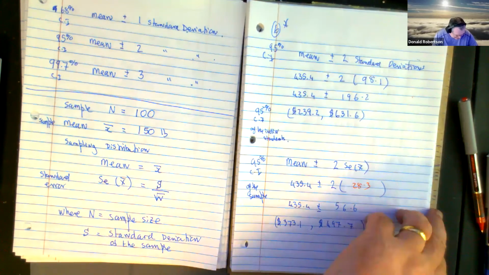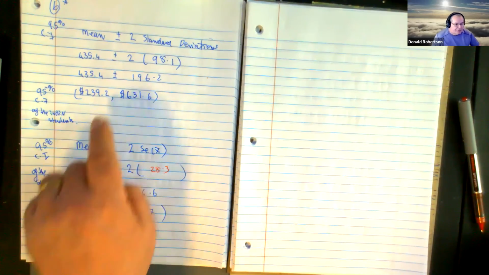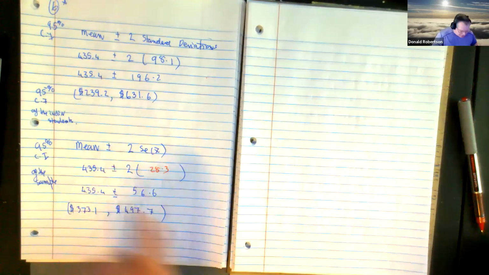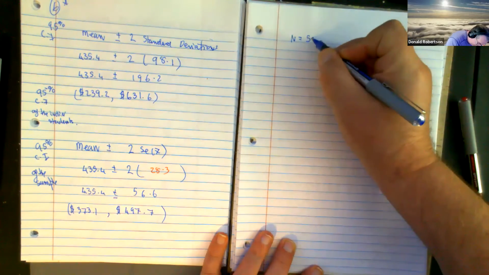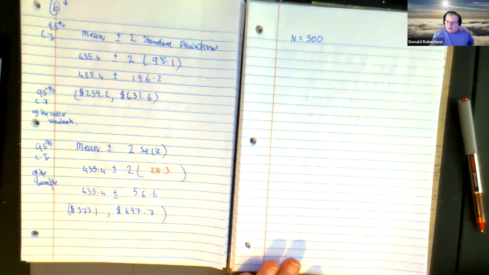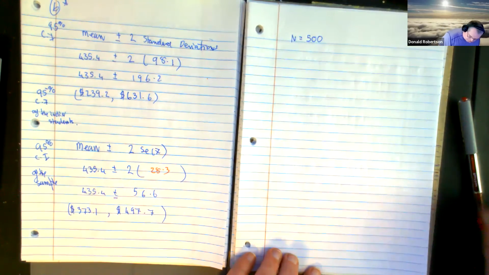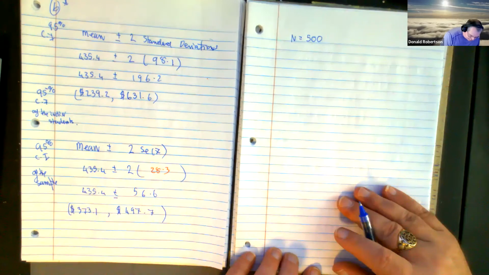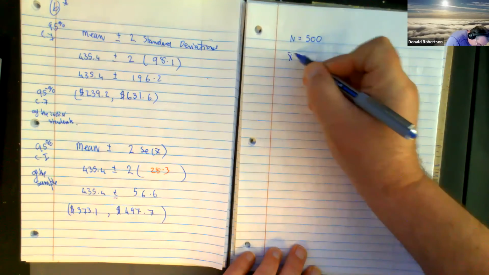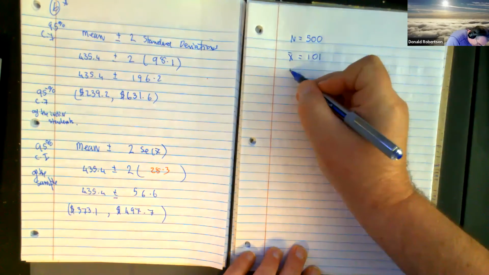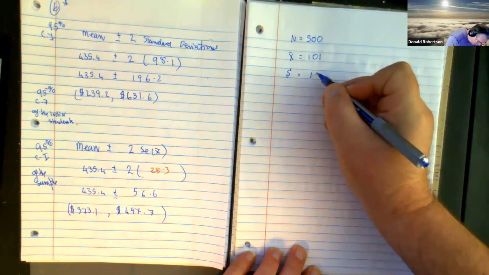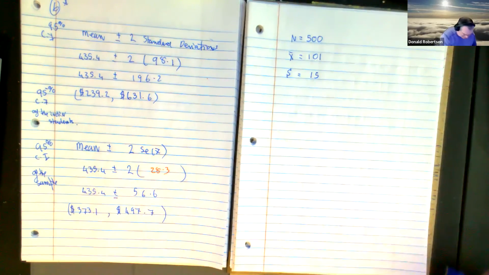Okay, let's make up one. We're basically focusing on these questions. That was just a one-off. These are the main questions. So I collected the data on 500 students, and I found out that their mean IQ was 101, and the standard deviation I got was 15.